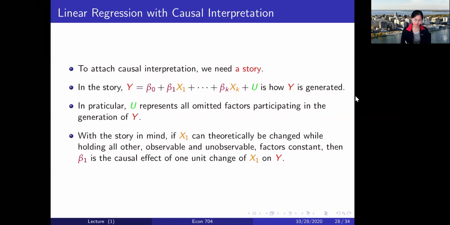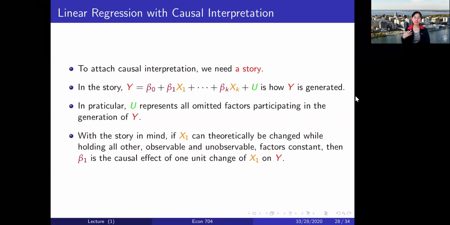In particular, x1 to xk are factors that contribute to the generation of y, and u should also be a factor that contributes to the generation of y. So in particular, u should represent all the factors omitted from these observables that also participate in the generation of y.